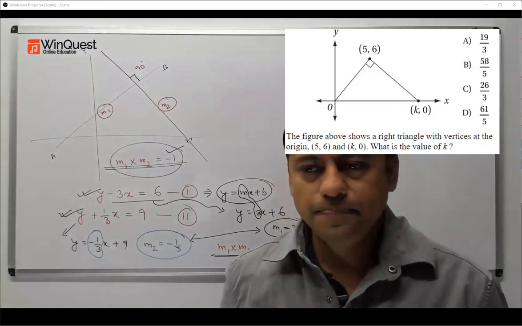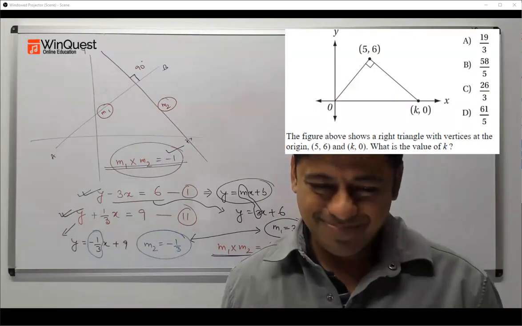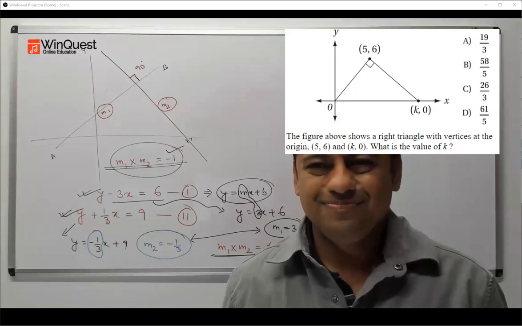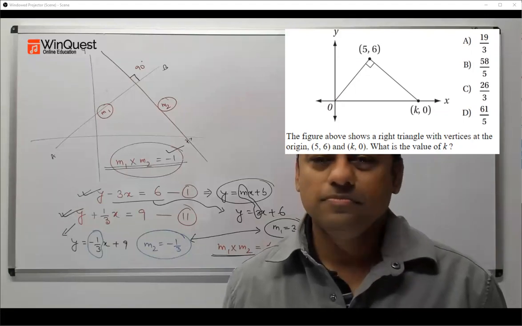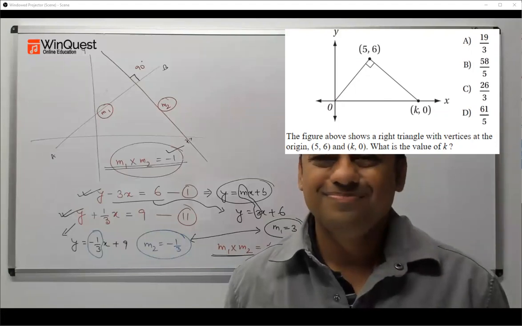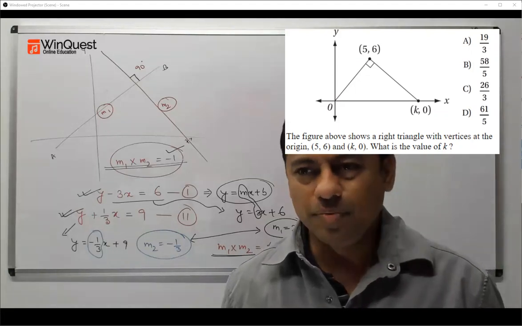Meenakshi. I was thinking similar to what Jasmita was saying. If you take 0, 0 as one point and 5, 6 as the other one, the slope of that has to be the opposite reciprocal, like what we were talking about, perpendicular lines. Very good. Thank you, Meenakshi.